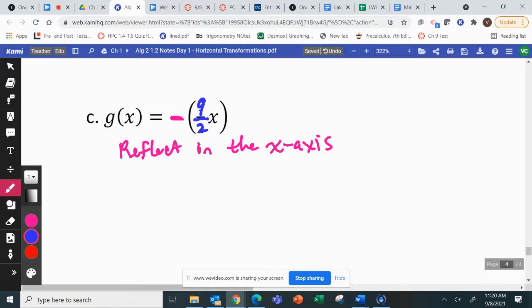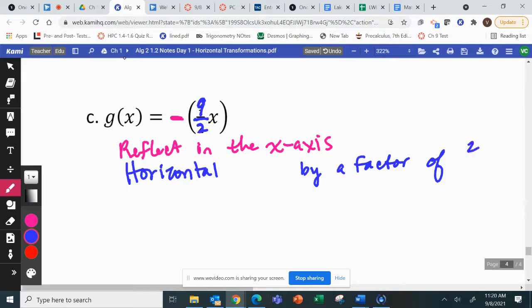Megan, I have 9/2. Is that going to be vertical or horizontal? I'm going to leave a space. It's a horizontal something by a factor of, Dominic, what factor? 2/9.